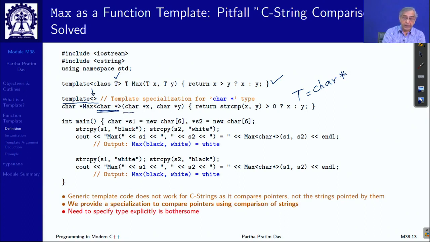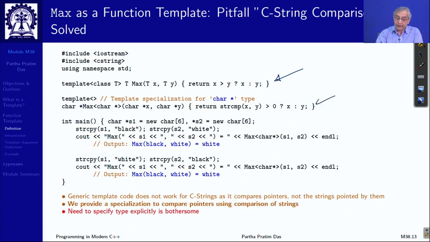And then using T as char star, I write the signature, and then I write the specific code where I can use this specialized comparison operator. Right. So, this template itself can generate multiple overloads, int, double, and so on.